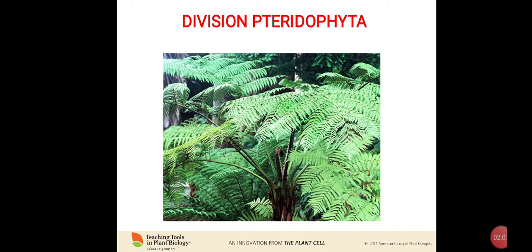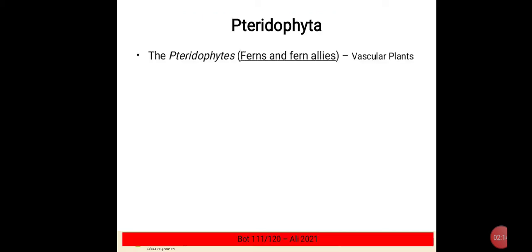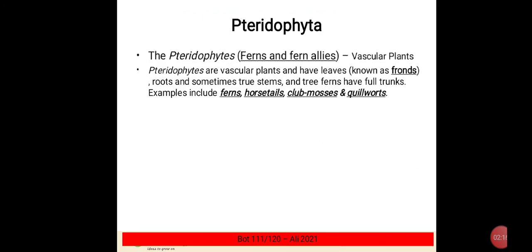You can see this typical plant. It has leaves, but also small in size. It has stems. But now these leaves, we call them the fronds. They also have true roots and true stems. And therefore, these are also examples of vascular plants.